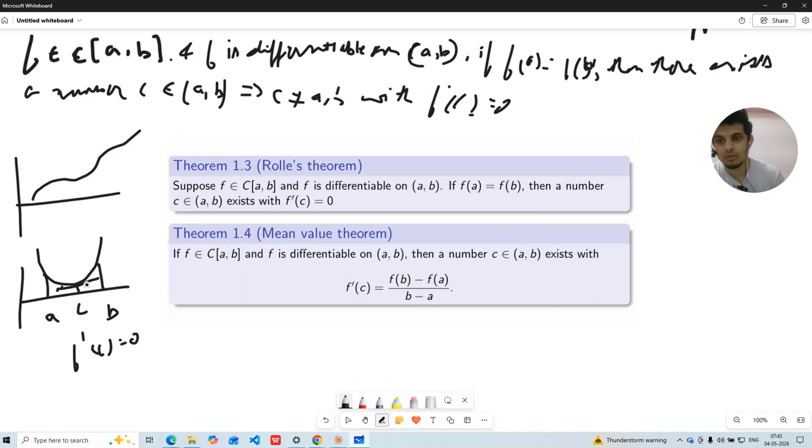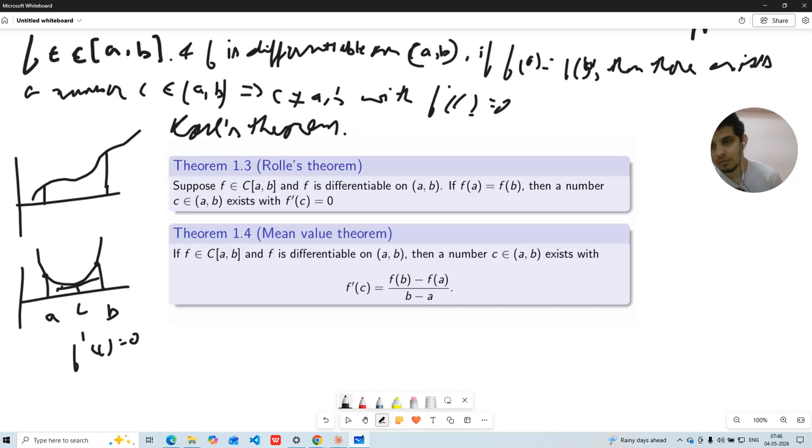And if f(a) equals f(b), these two things are equal. But in such a case where f(a) is not equal to f(b), we cannot guarantee that we have a point between a and b where f'(c) equals 0. So this was Rolle's theorem, and I think it's pretty intuitive.